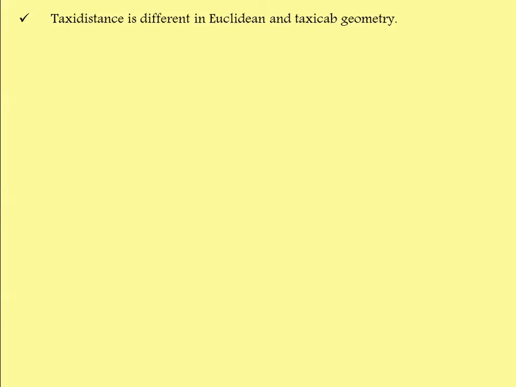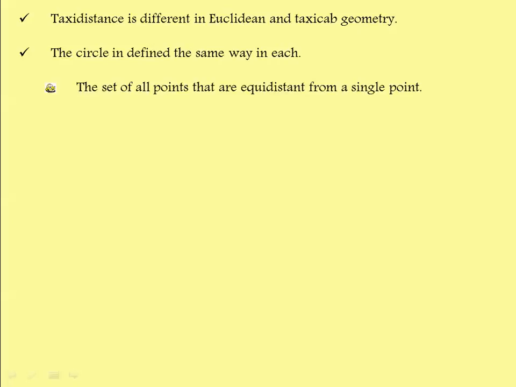Now, taxi distance is different in Euclidean and taxicab geometry. I should have said the circles are different. I was thinking, why is it different? The circle is defined in the same way in each of them. Here's the Euclidean.